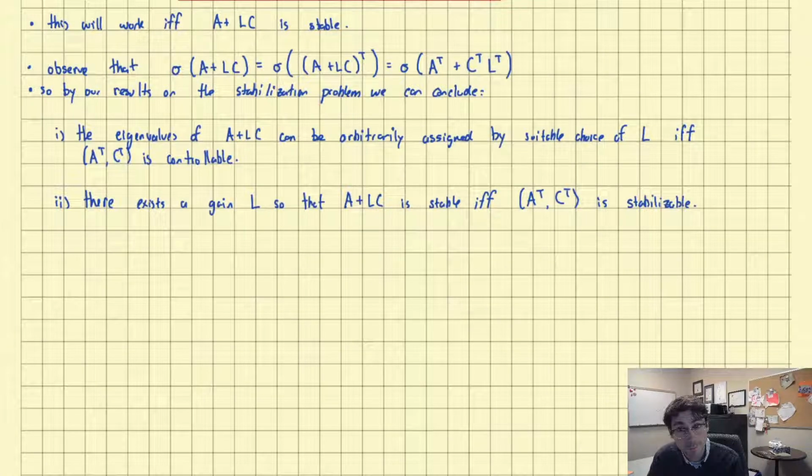Okay. And so we can use our same design procedures from last class to design this observer gain L. Okay, so let's do an example.